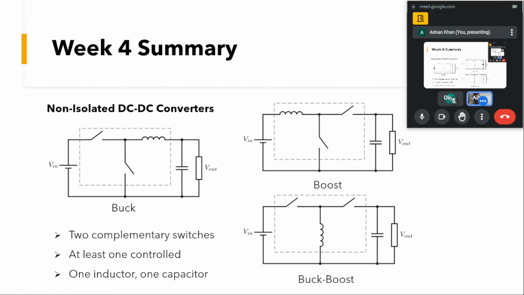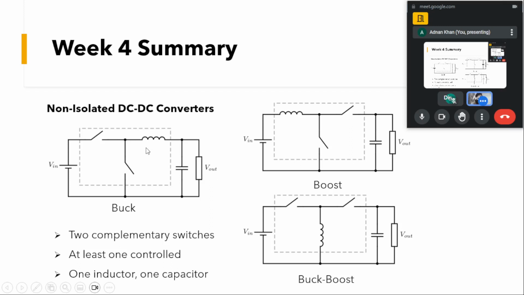So the main thing to keep in mind for these kinds of topologies is that we have to operate these switches in a complementary fashion. When one switch is on, the other needs to be off.